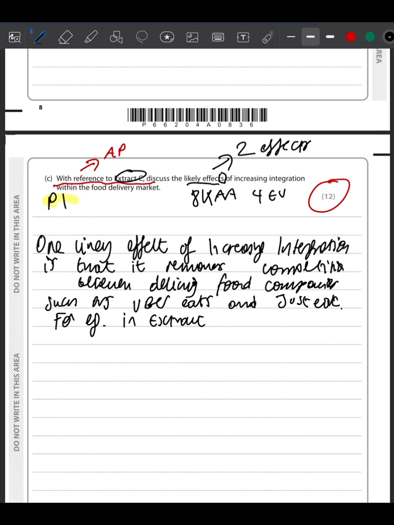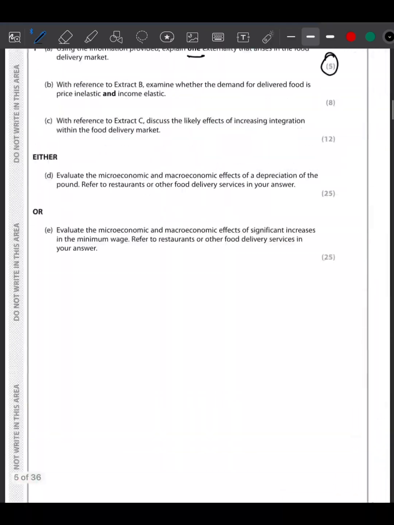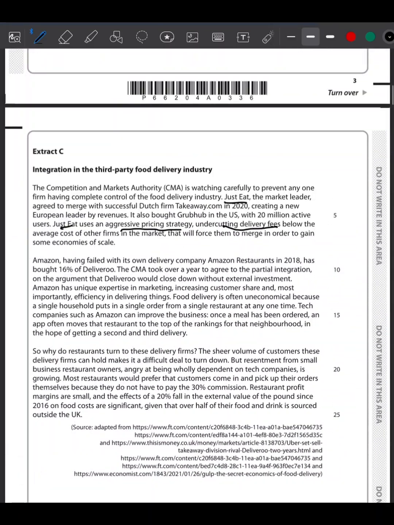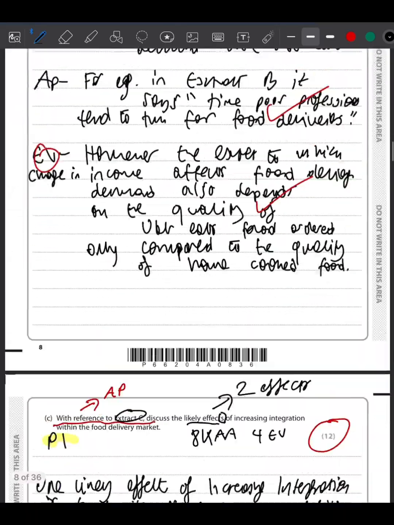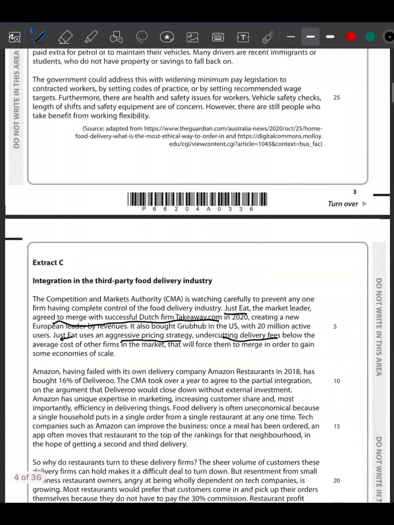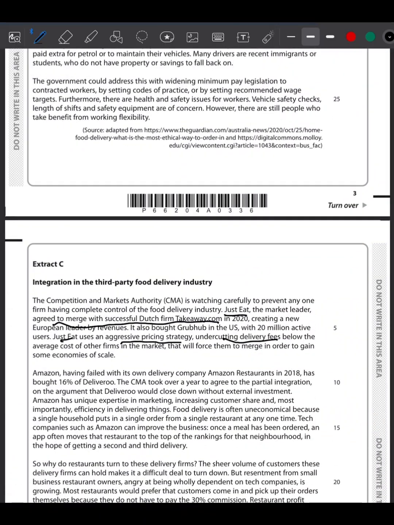in extract C it says... Now the way we're going to gain one of the application marks, as we mentioned before, is quoting something. So as you can see here, Just Eat merged with successful Dutch firm Takeaway.com. For example, what does it say?